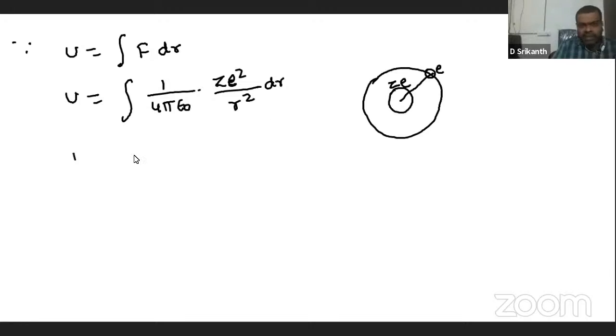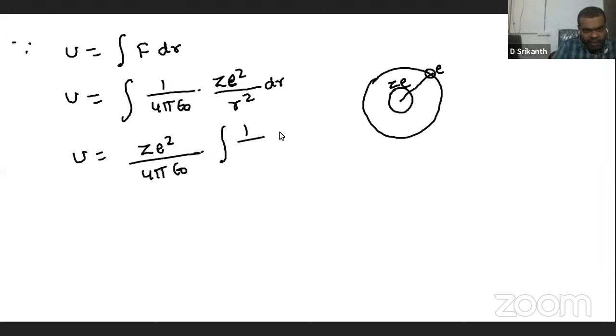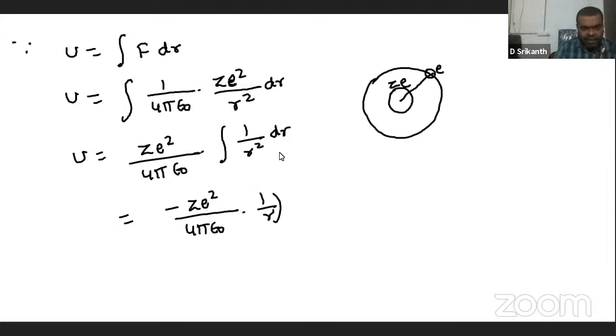With respect to r, I am integrating it. So Ze square by 4 pi epsilon naught integral 1 by r square dr. That is minus Ze square by 4 pi epsilon naught into 1 by r, since integral 1 by r square dr means minus 1 by r.